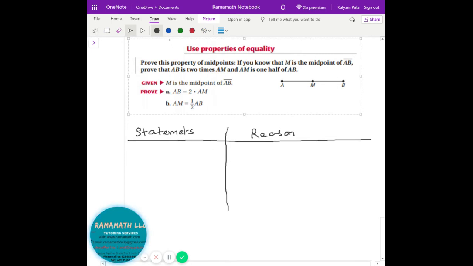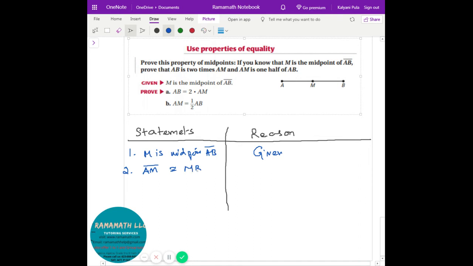First, whatever is given to you is what you write first. The first one is M is a midpoint of AB. We know that one is given to you. That's easy to write.